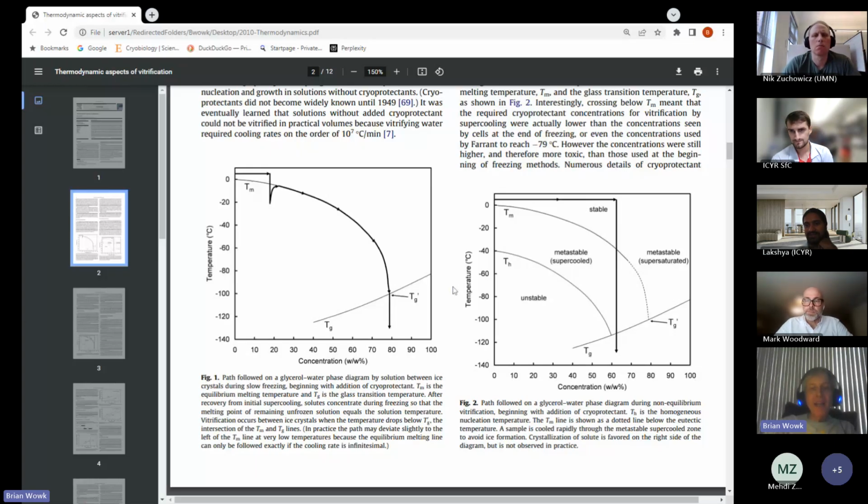Yeah, so you can actually measure true homogeneous nucleation by DSC, and the way it's done is you make an emulsion of the solution.